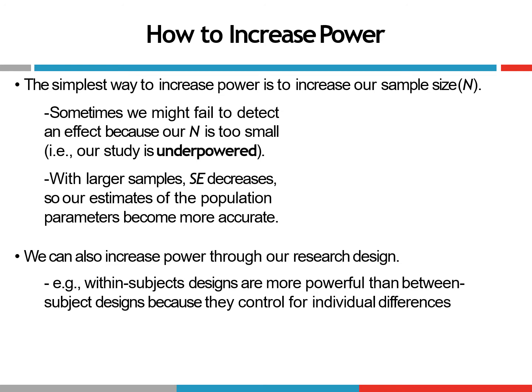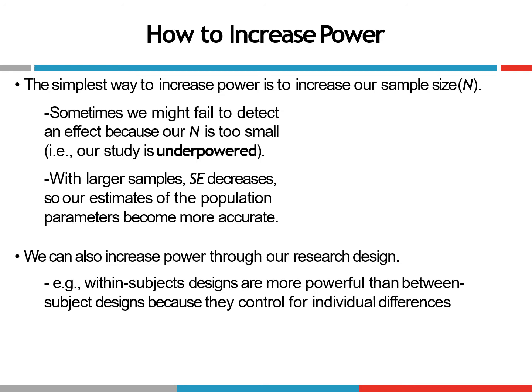So the more people we have in our sample, the more likely it is that our sample statistic, whether it be the mean or frequencies or whatever, is going to better approximate or be closer to the population parameter. And if our sample statistic is closer to the population parameter, then we're more likely to detect significant effects, okay?